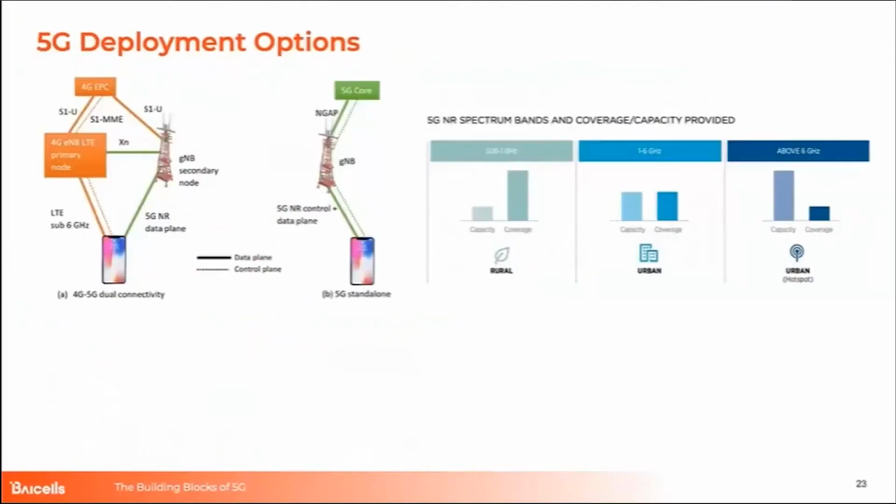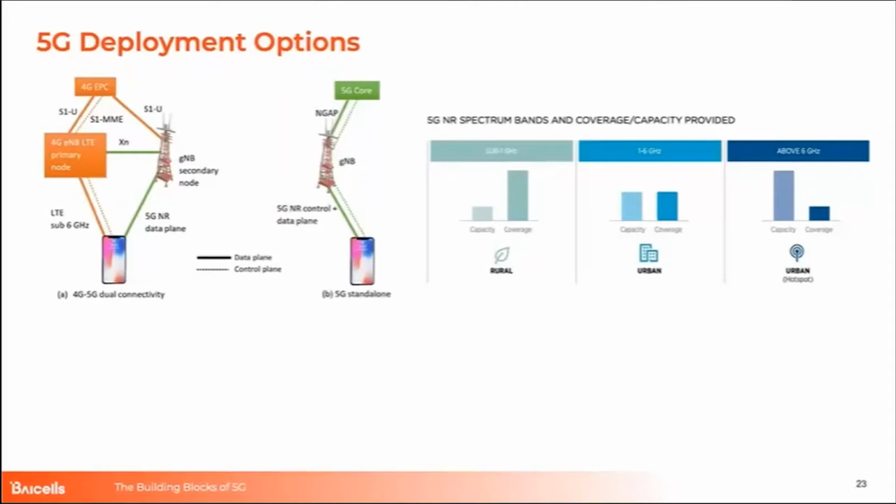There are 2 ways to deploy 5G. Standalone is like Dish, for instance. No legacy, no LTE whatsoever. You get the gNodeB and the core directly. So this is called standalone. But you have NSA, which is what most of our carriers here deploy. In NSA, they deploy the 5G RAN, which is the gNodeB, connected to the LTE core, the EPC.